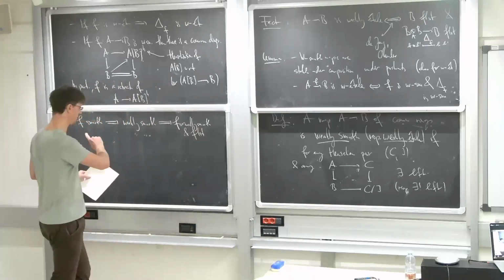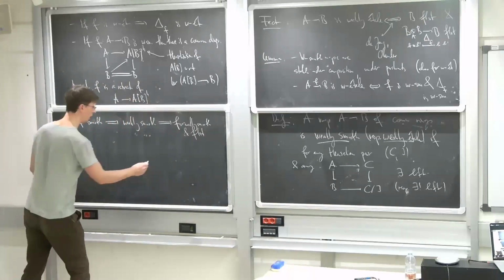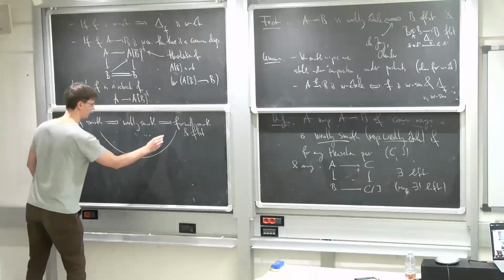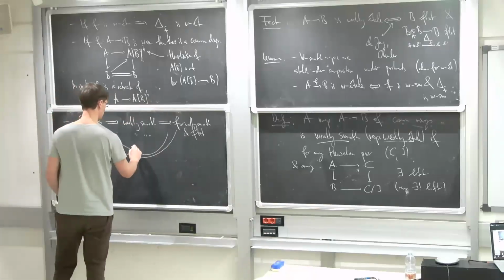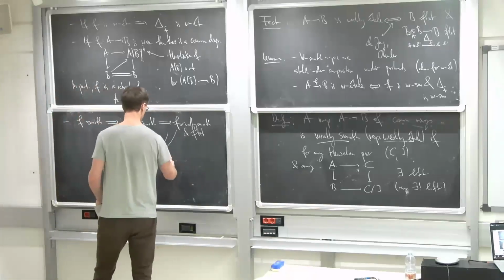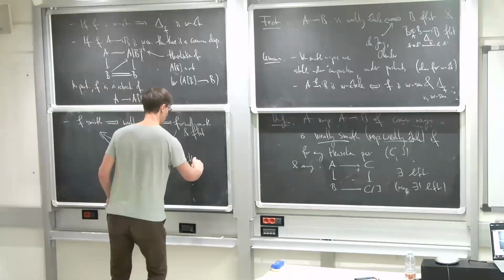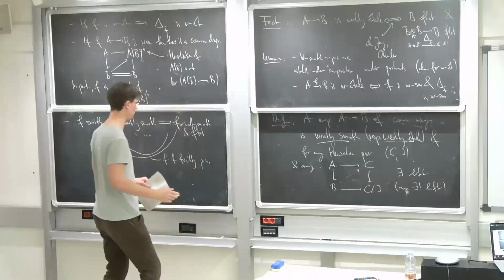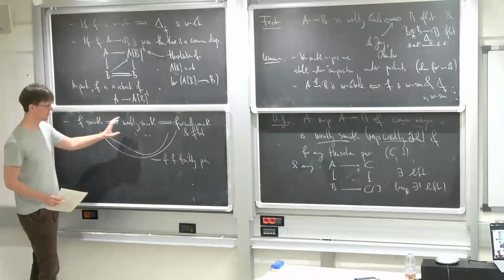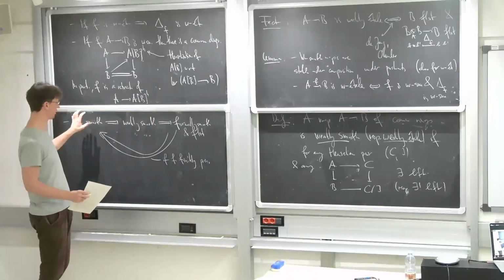And these implications are not reversible, but they are reversible if F is in addition finitely presented. So in other words, for finitely presented maps, these things all agree: formally smooth, weakly smooth, smooth.